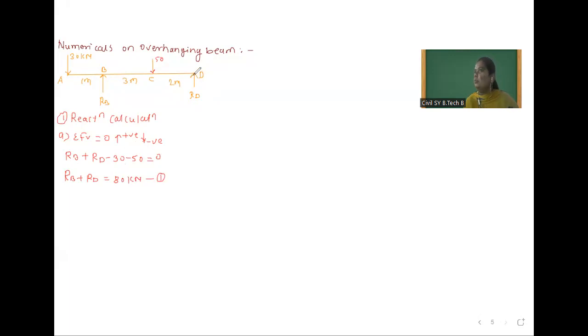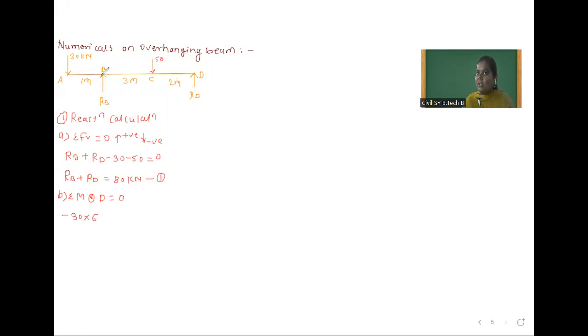Now we will calculate moment at D. So second equation, summation of moment at D equals 0. This 30 creates anti-clockwise moment, so minus 30 into perpendicular distance, 3 plus 2 plus 1, so 6 meters.